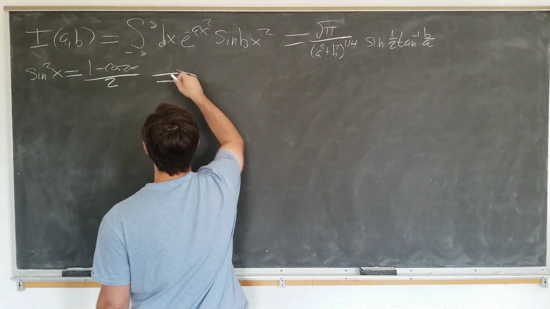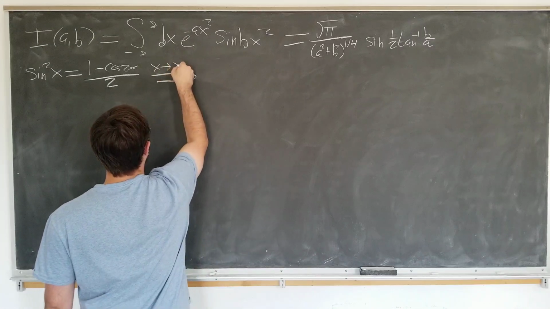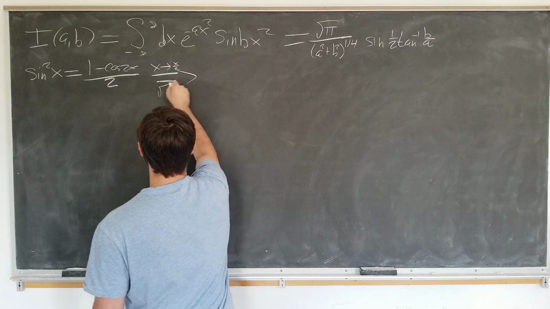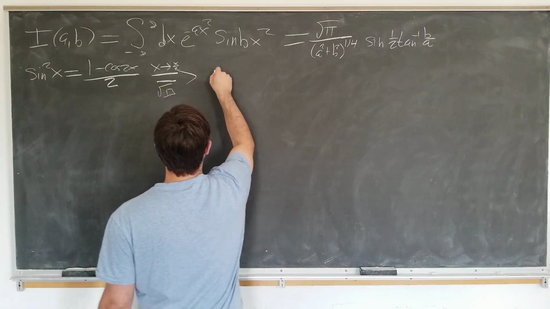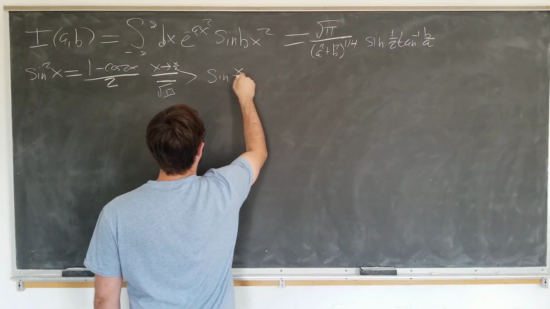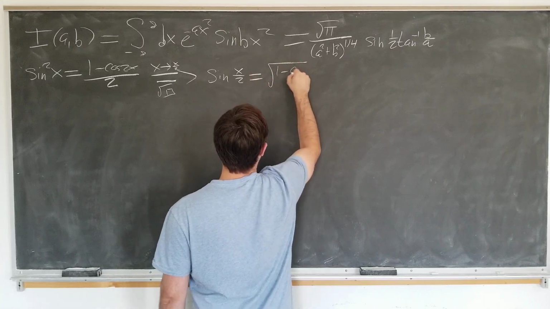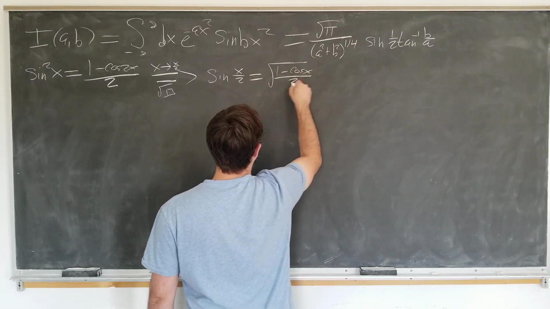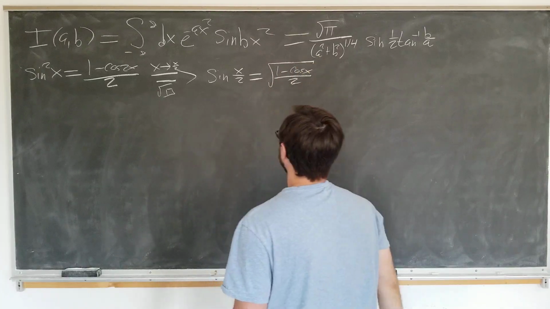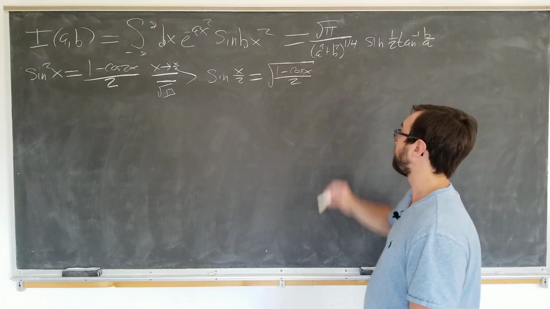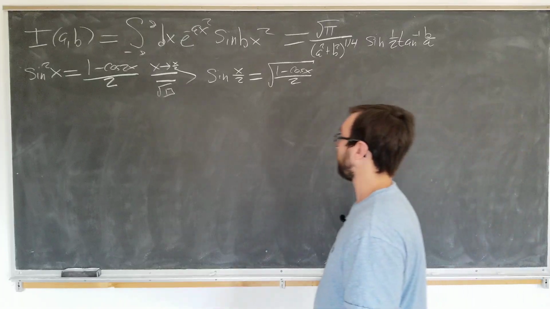We're going to let x go to x over 2 and take the square root of both sides. So sine of x over 2 is nothing but the square root of (1 minus cosine x) over 2. We're going to need this, and this is how we can get back to where we want to go.